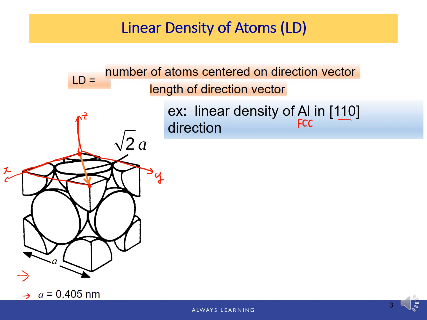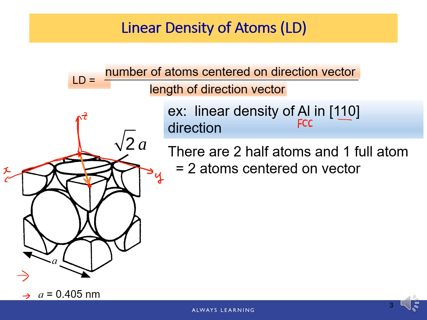So the 110 is the face diagonal. Based on the definition, we need to find the number of atoms centered on this direction vector. We can see there are 2 half atoms on both ends and 1 full atom in the middle, so a total of 2 atoms centered on the vector.